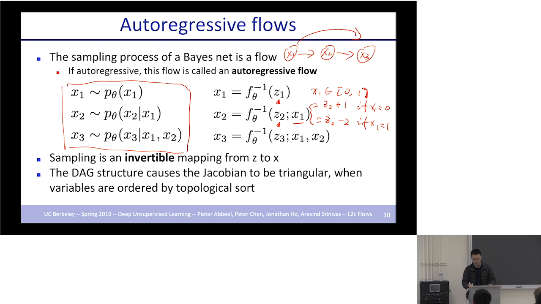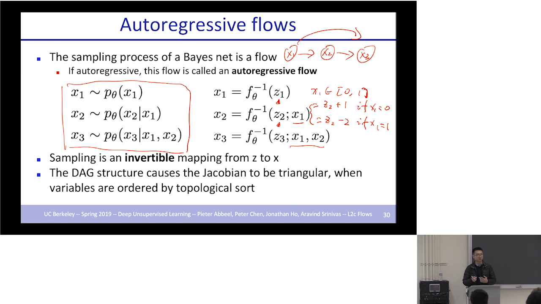And this can continue. You can have another function that is applied to z3 that results in x3. And that function itself is parameterized by x1 and x2. So what that means is that x1 and x2 influence how the random variable x3 is sampled.